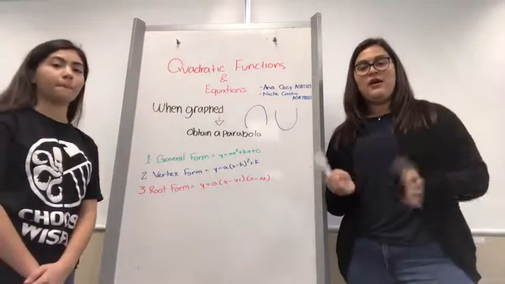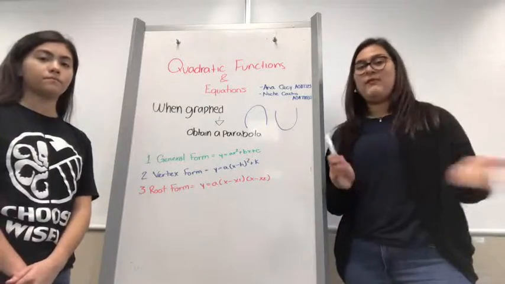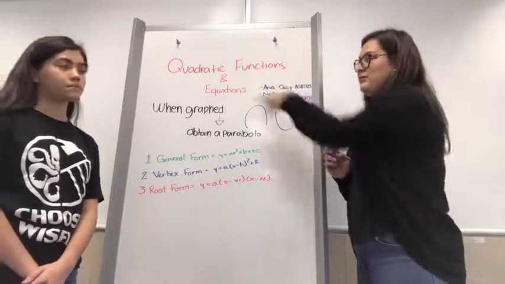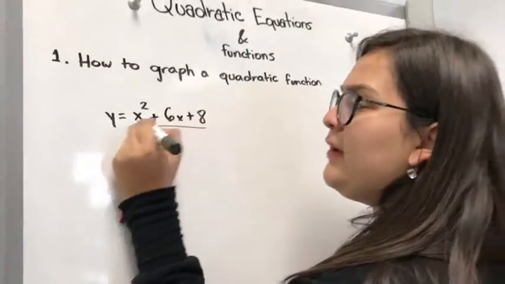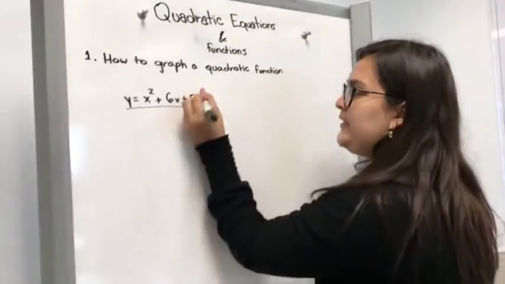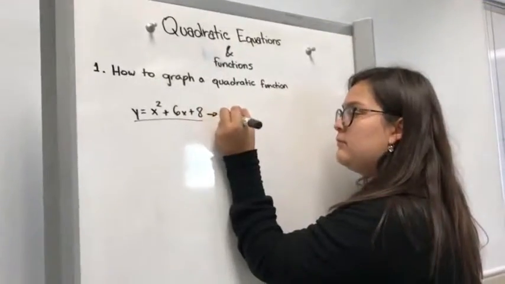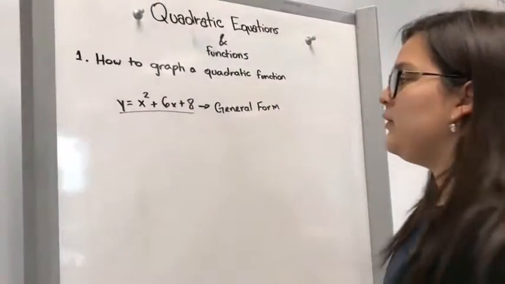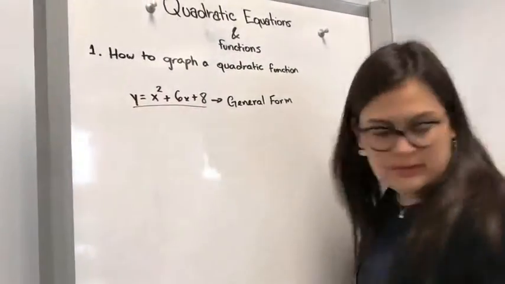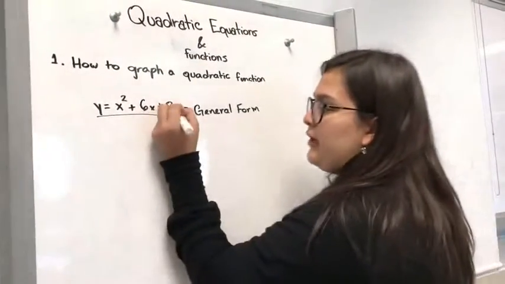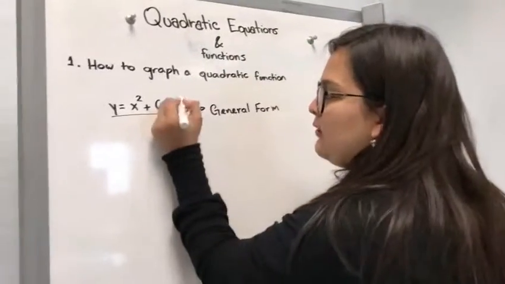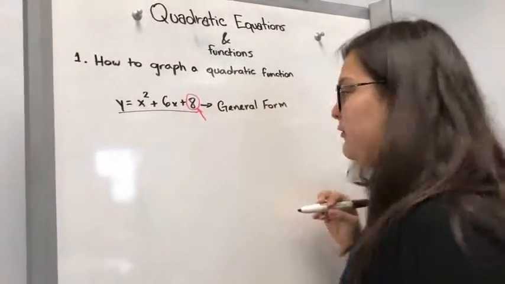In this video, we're going to present how to graph a quadratic function when given an equation. This equation is in general form. First, by looking at the equation, we can get the y-intercept by looking at the number right here, that is 8.